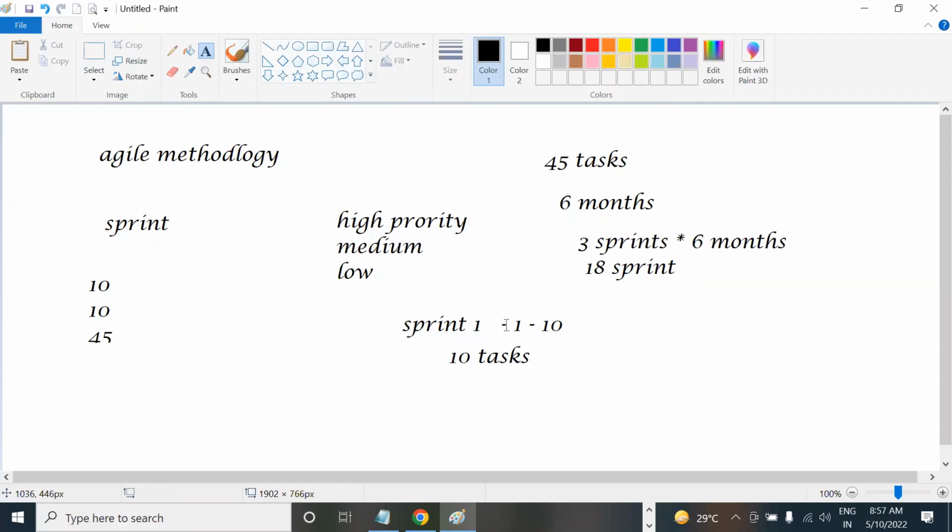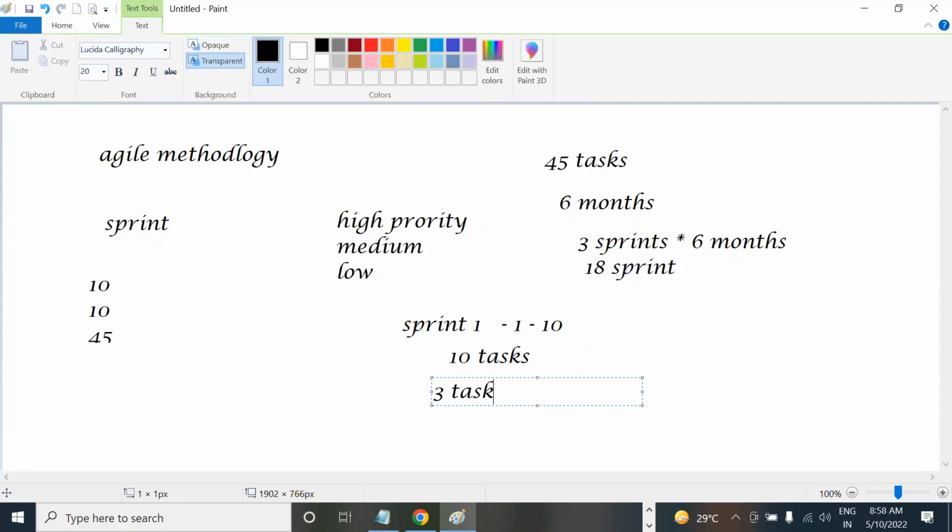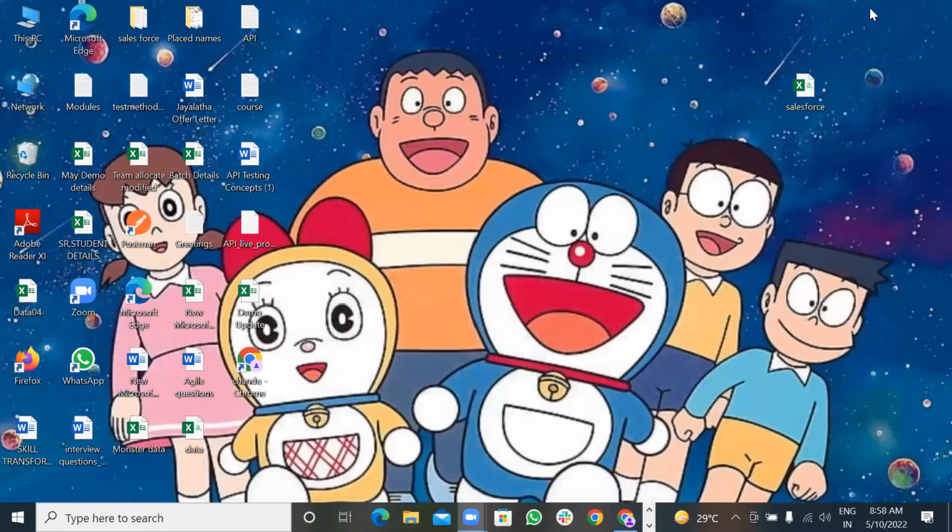Here, in sprint 1, day 1 to day 10, they will give you only 3 tasks. Why? Because in this sprint you need to perform all the things, not only creation of the application. You know the life cycle is there, right? What are the life cycle steps?